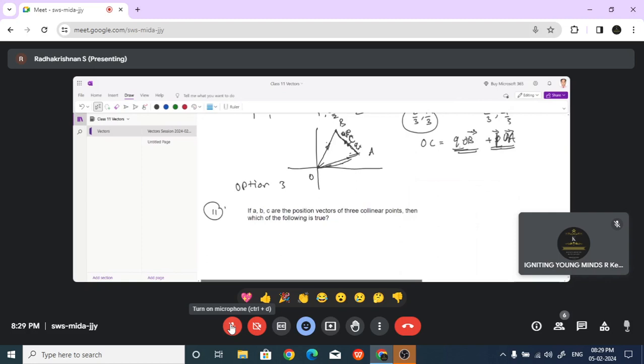A equal to B plus C. Two A equal to B plus C. B equal to C plus A. Four A plus B plus C equal to 0.